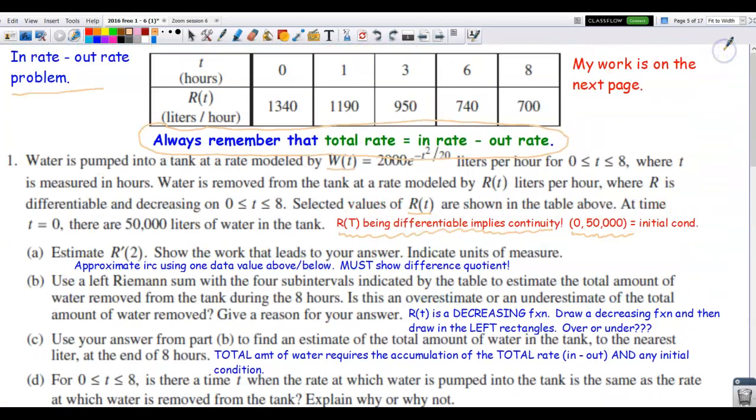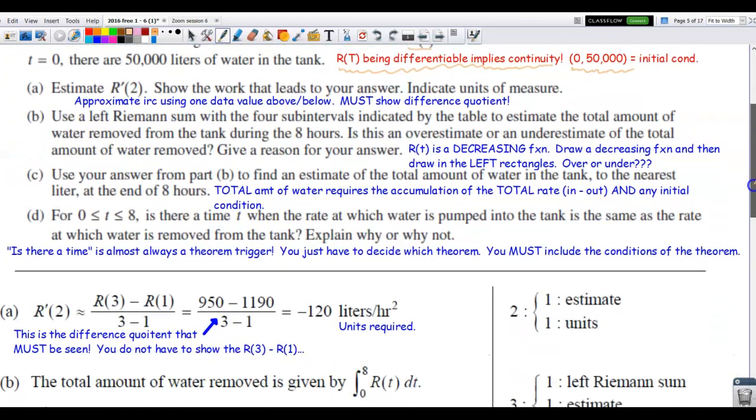When we're estimating an instant rate using a table of values, we know that 2 would lie between 1 and 3, so it would be in here. So we're going to go 1 data value above and 1 data value below, and we're simply going to do the average rate of change to approximate the instant rate.